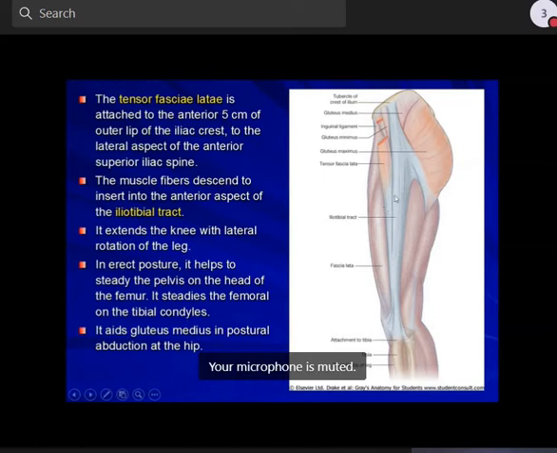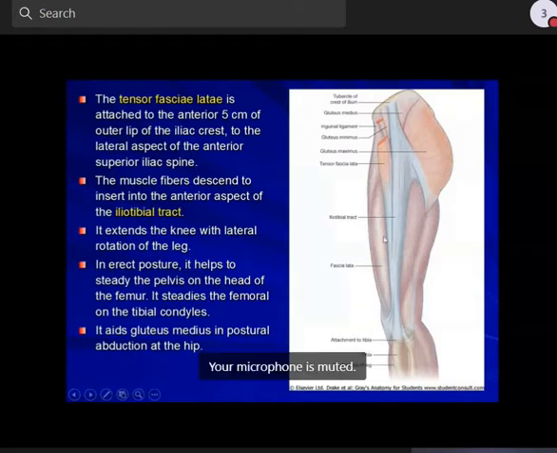And such an aponeurosis is conjoined with that of the gluteus maximus and gluteus medius, and together they form the iliotibial tract. The iliotibial tract is a very strong aponeurosis on the lateral aspect of the thigh with 3 muscles influencing it.